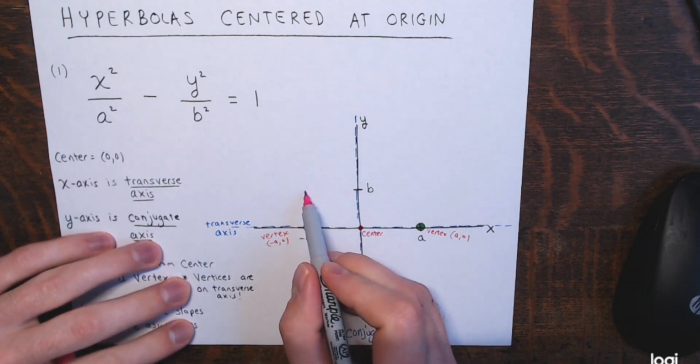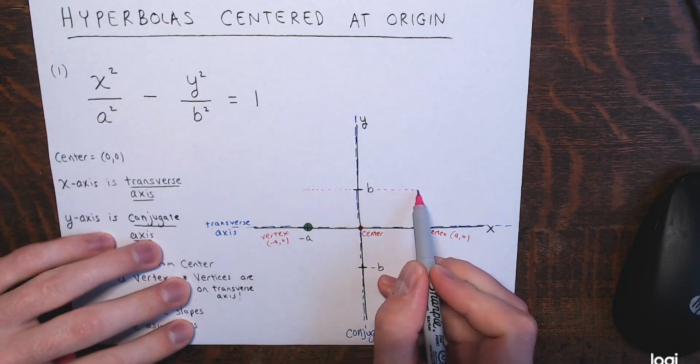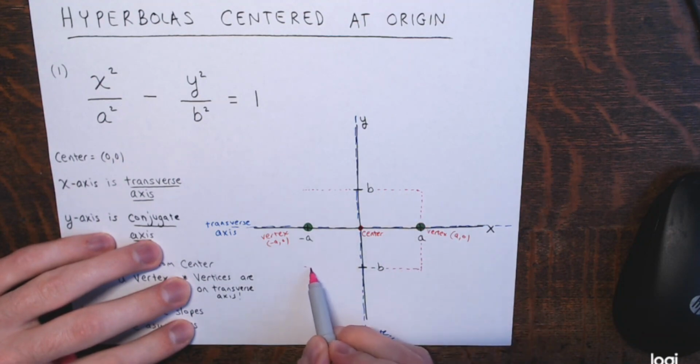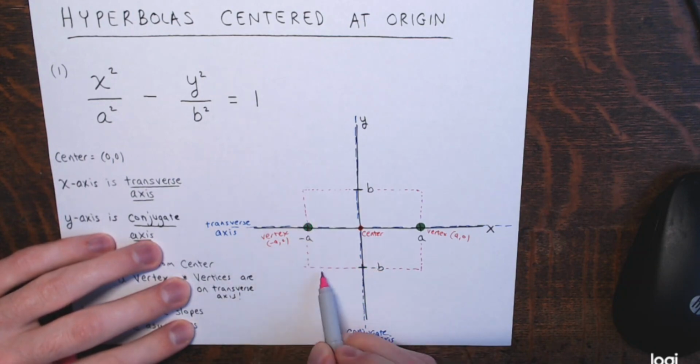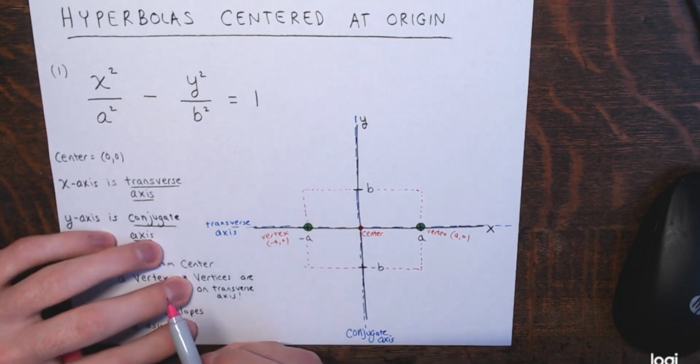You create this little box, little rectangle. And the width of this rectangle is 2A, the height of it is 2B, right?